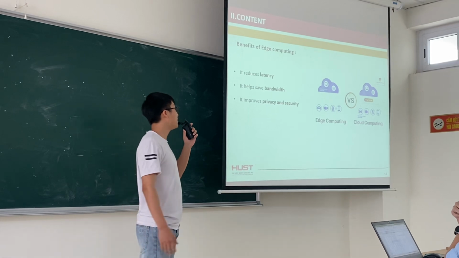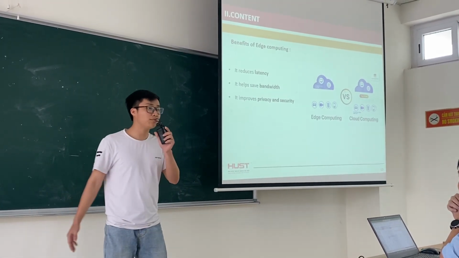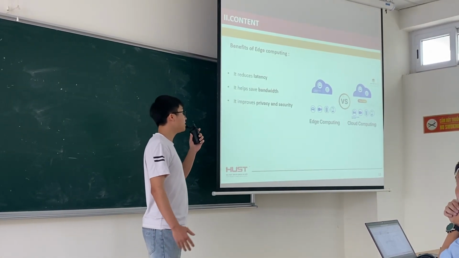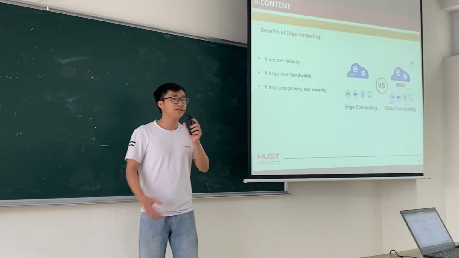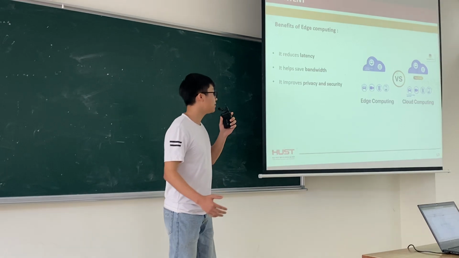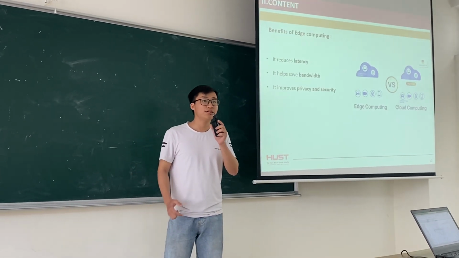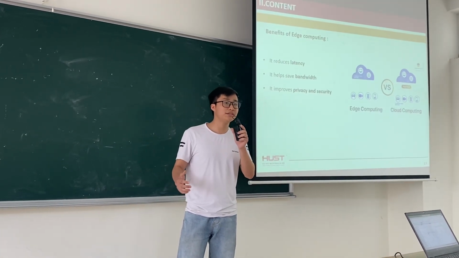So what are the benefits of edge computing? For me, there are three main reasons why it is so important. First, it reduces latency, which means less delay. It is so important in applications like autonomous cars, online gaming, or smart manufacturing, where every millisecond counts.